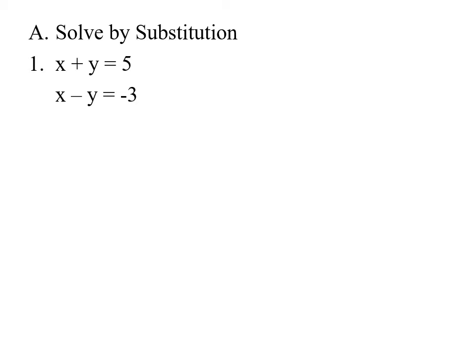To solve it by substitution, you take one of the equations and you solve it for one of the letters. So for instance, I could take this first equation right here. x plus y equals 5. And I might solve it for y by subtracting the x from both sides. And I'll get that y equals negative x plus 5.